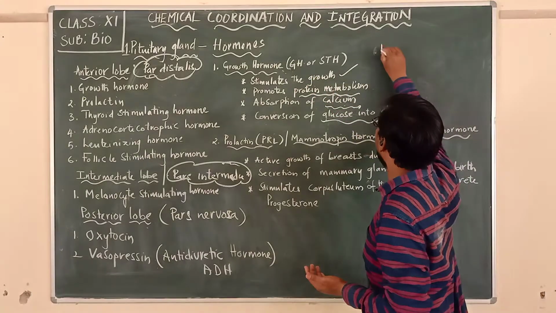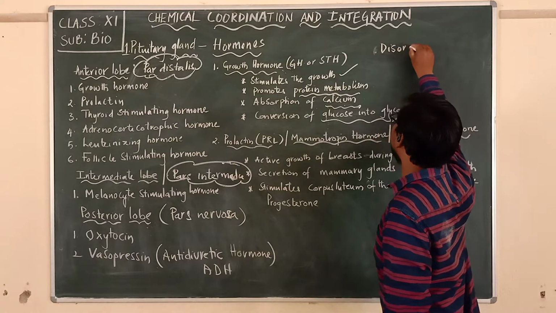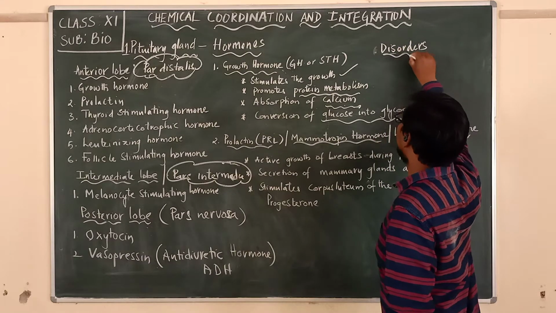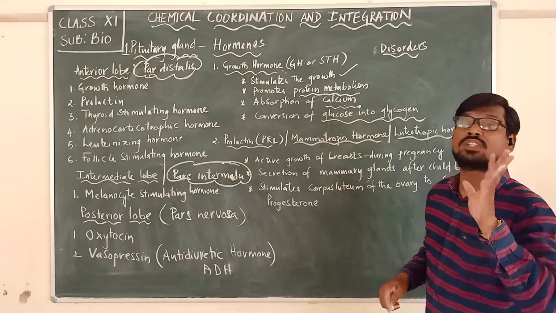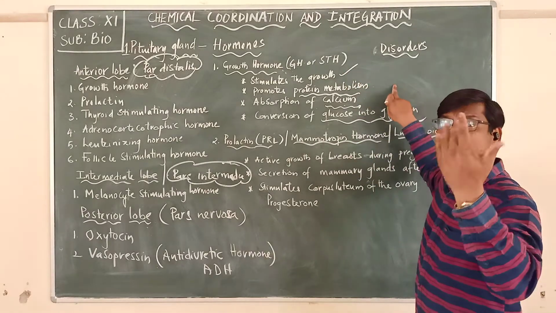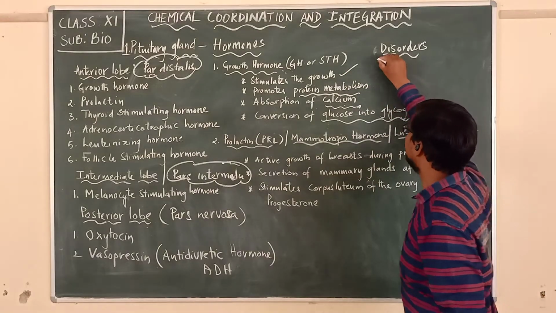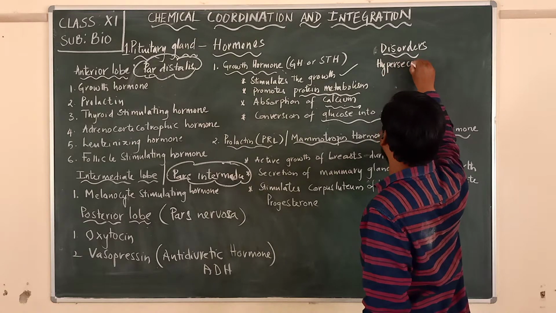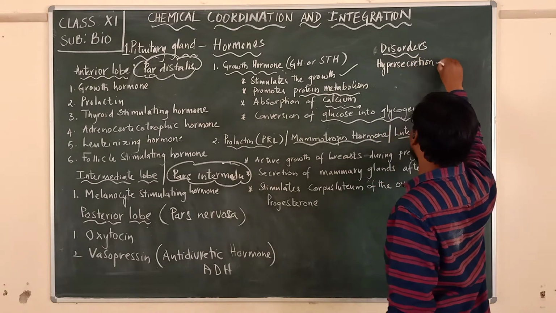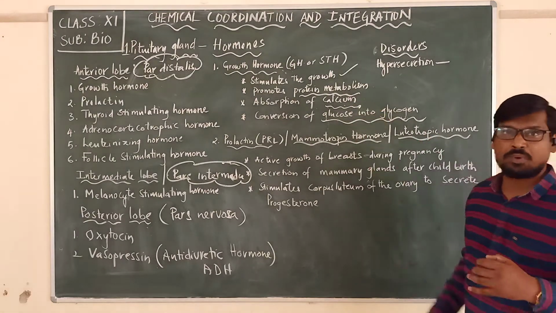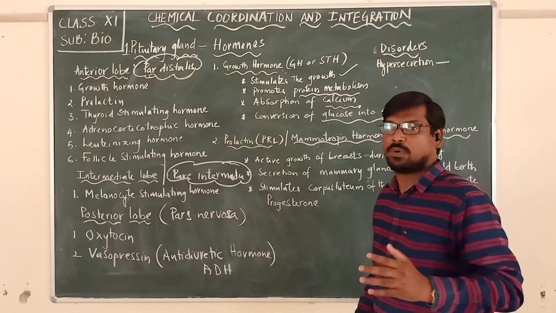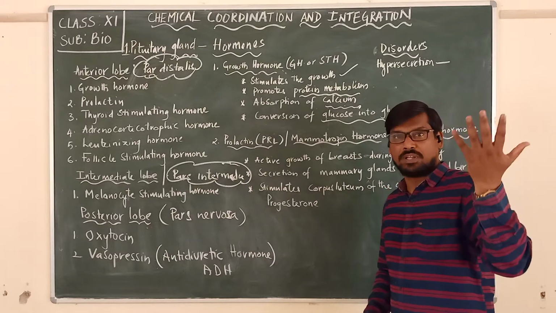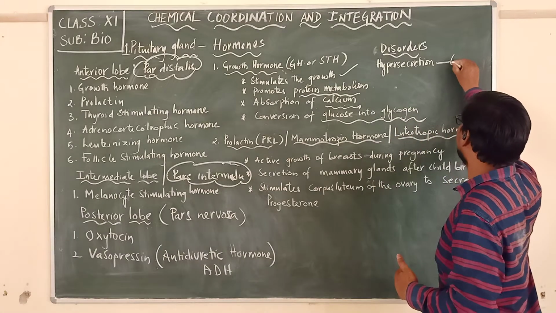Here we are looking at the disorders caused due to the excess production of growth hormone. Due to the hypersecretion of growth hormone, that individual may show abnormal growth.